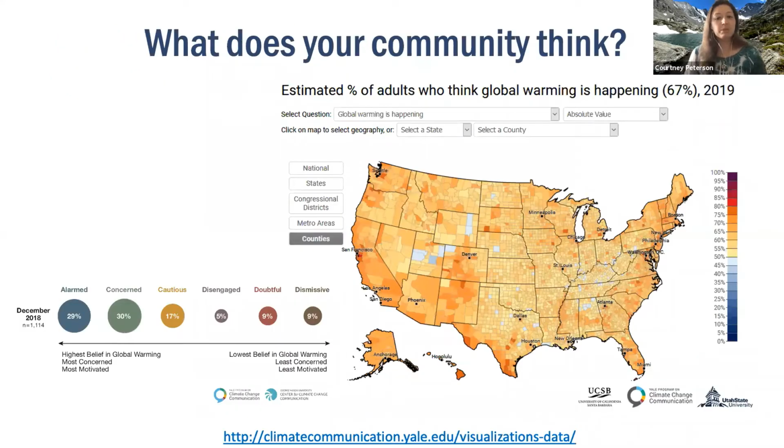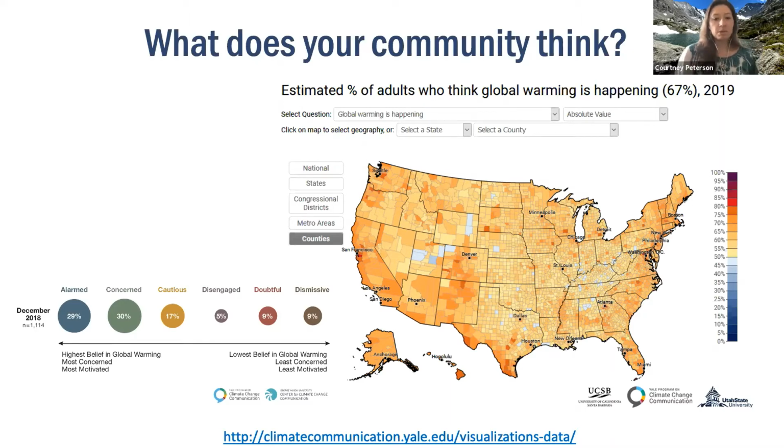And so the first place to start is to really know your audience. And so the Yale program on climate change has surveyed the entire US, and they've taken the results of those surveys and put them into maps across the US, really showing data on beliefs, risk perceptions, policy support, and behaviors around climate change or global warming.